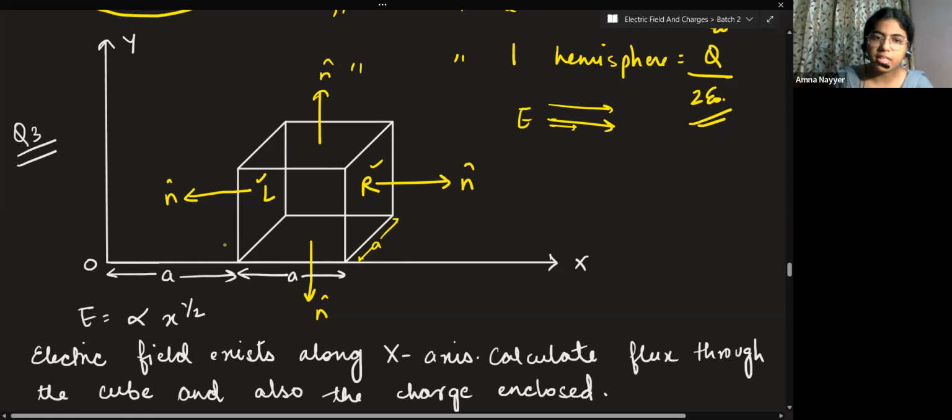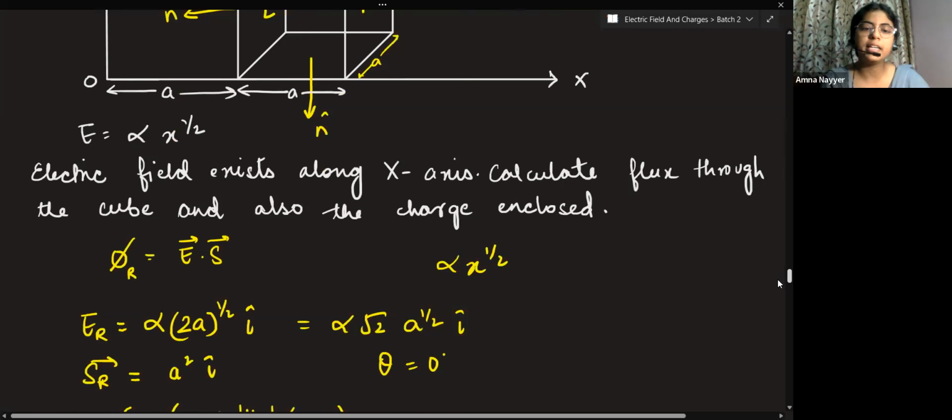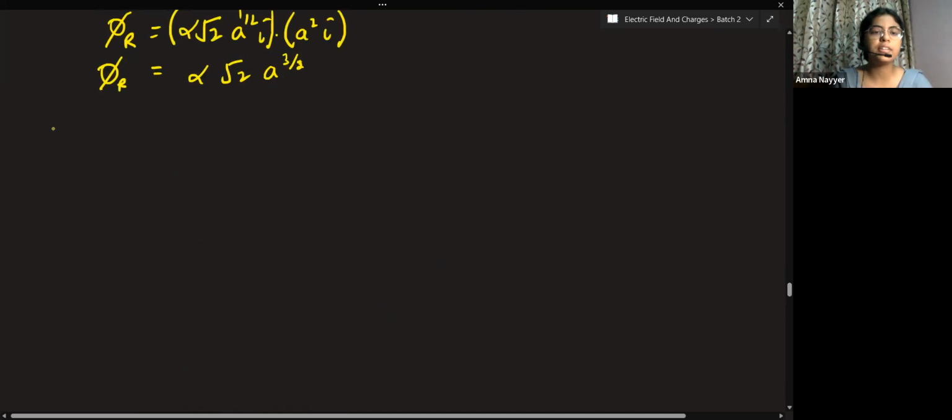So this left-hand side face is only separated by this distance, which is A. So now instead of writing 2A, this will be the electric field for the left face, multiplied by the surface area for the left face.